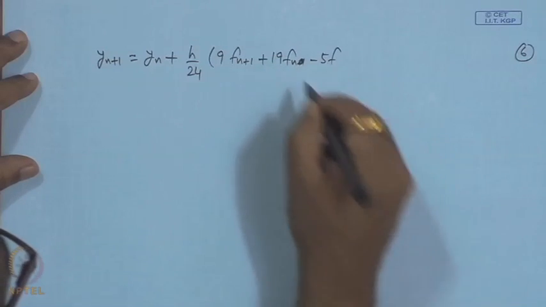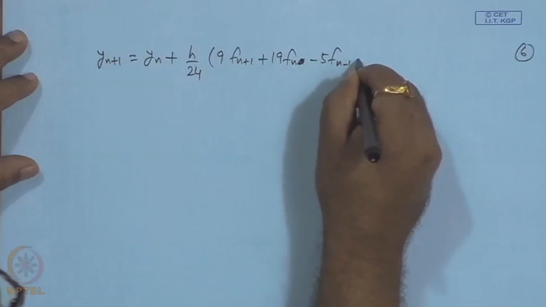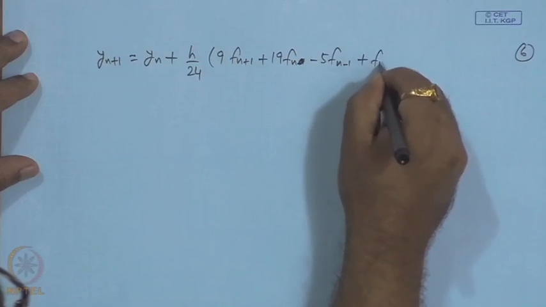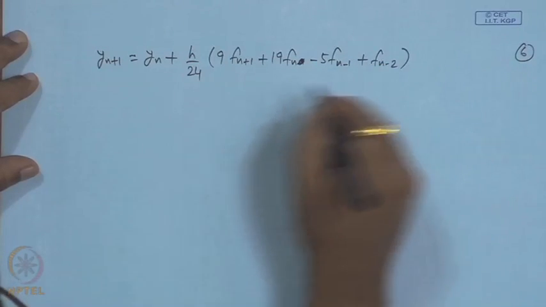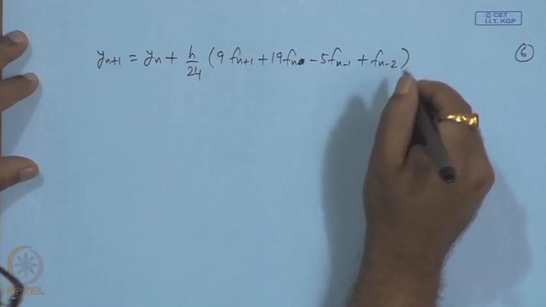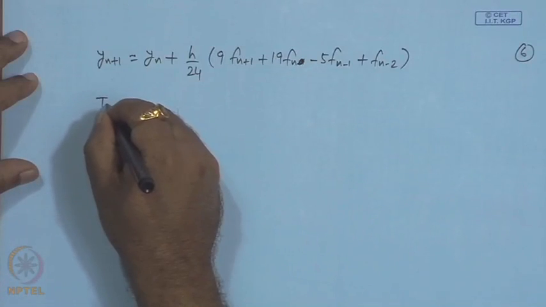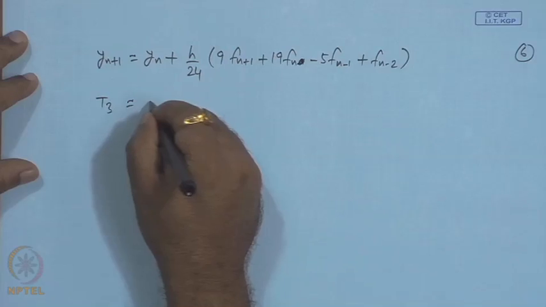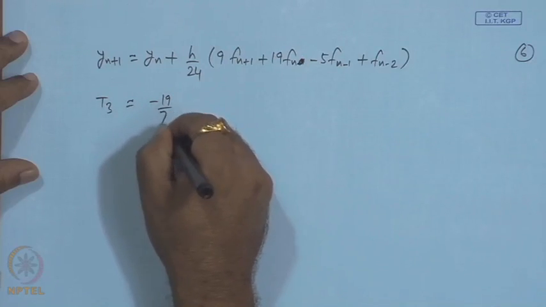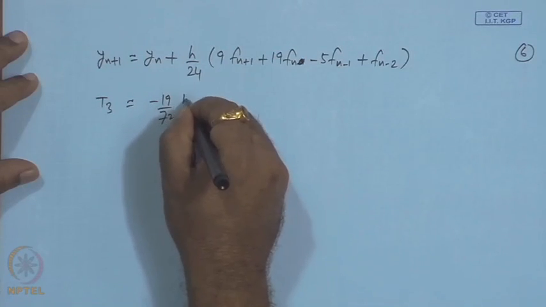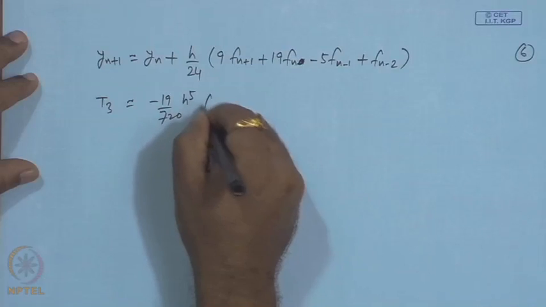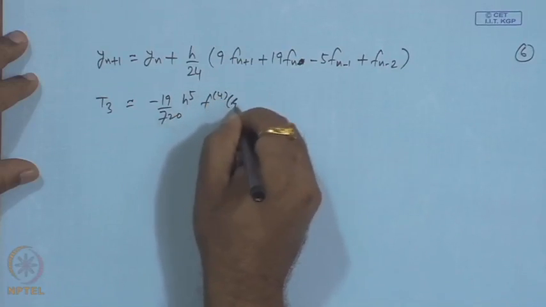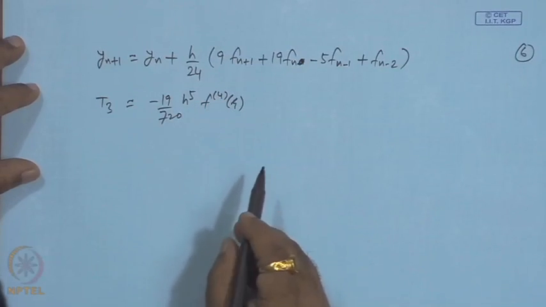So, this is f n. Okay. And the error T 3. Okay.